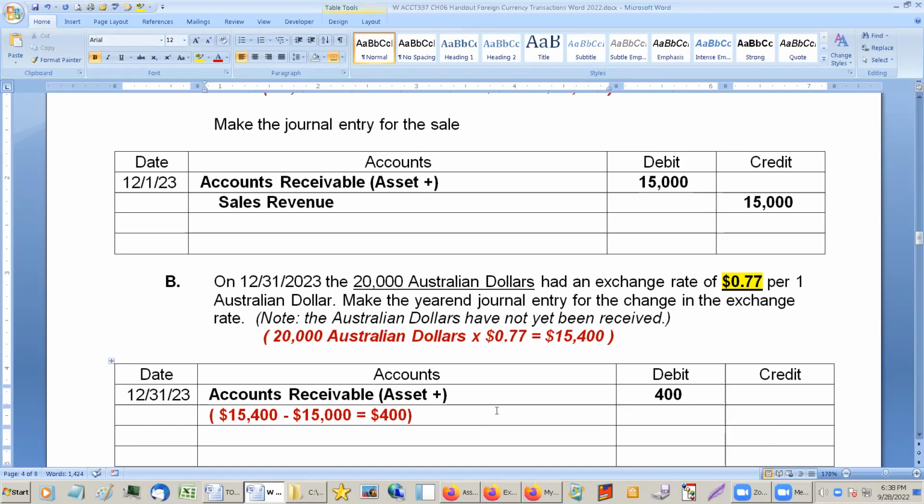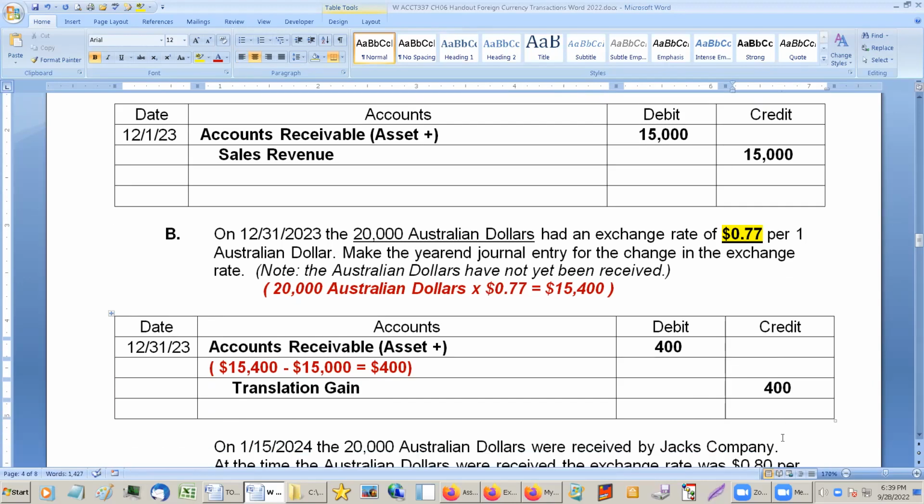Is this a gain or a loss? We thought we were going to get 15,000 at year end. It looks like we're going to get 15,400. So is that good or bad? That's a gain. Yep, very good. So we'll have a, oops, 400. Very good.